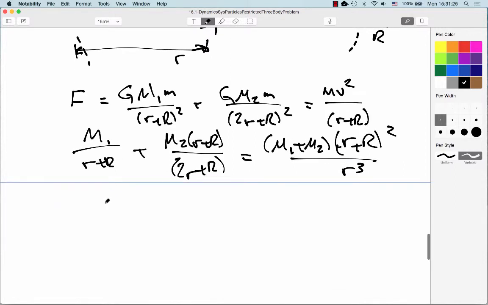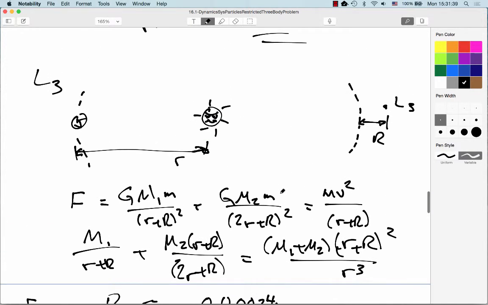Again, you get a quintic in big R. And for Jupiter, big R is approximately negative 0.00024 r. So the actual Lagrange point sits just inside over there somewhere. Just inside.